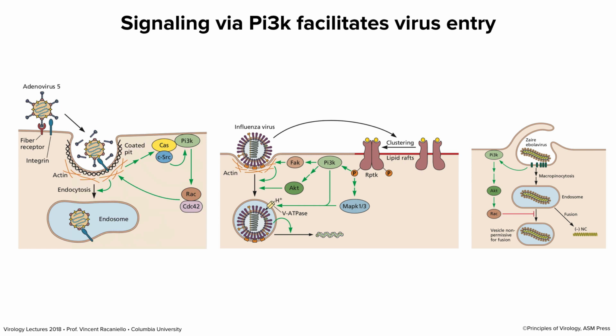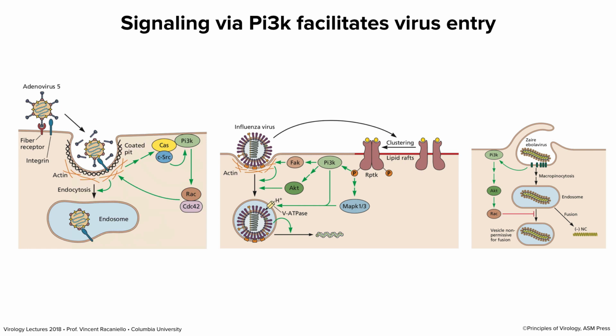But the outcome is that the actin filaments, which exist just below the plasma membrane, have to be rearranged. So endosomes moving into the cell, which are going to take up adenovirus, have to move through the actin filaments, and that's disassembled essentially by the signaling that's induced by virus binding to its cell receptor.